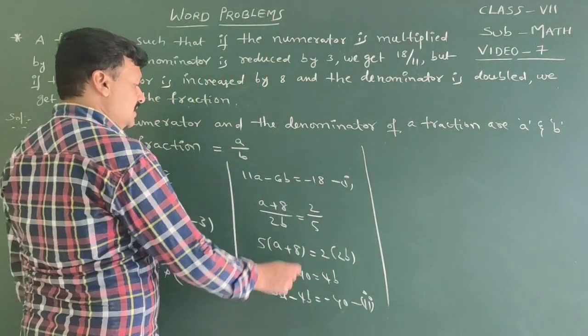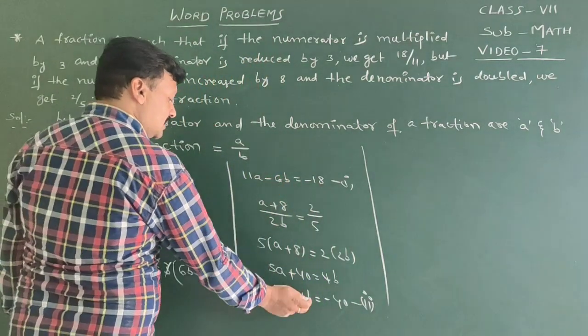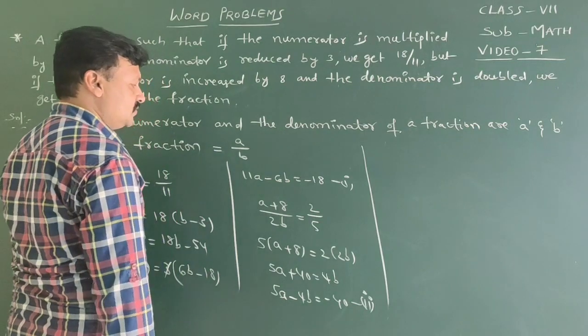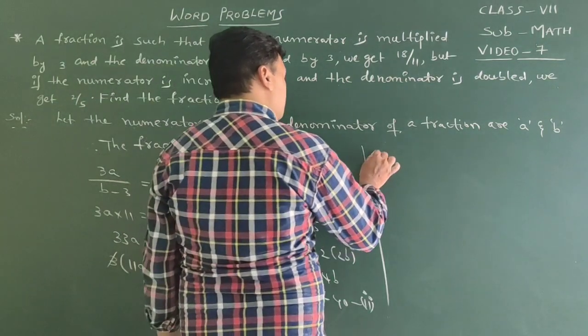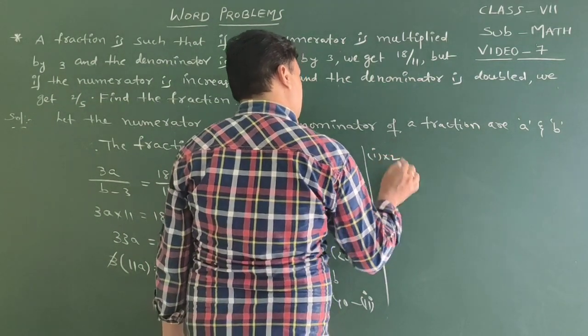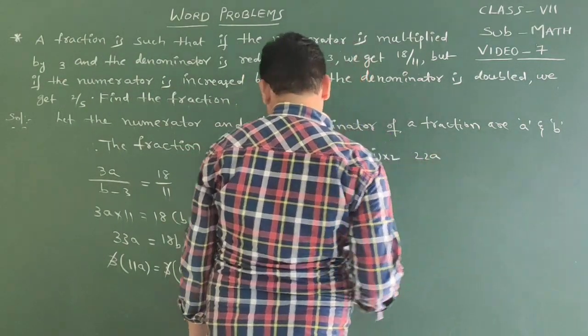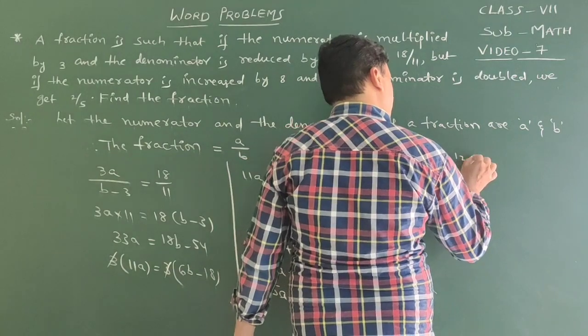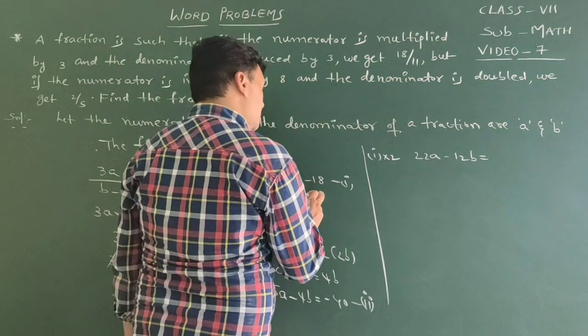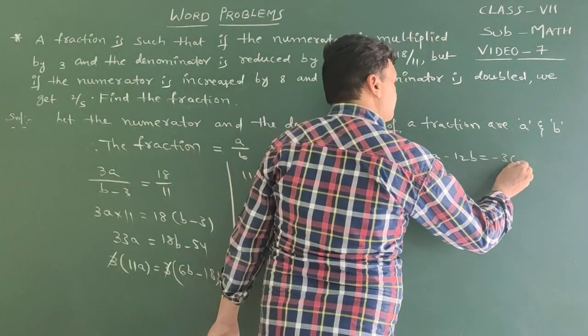Here the LCM of 4 and 6 is 12. That's why the first equation is multiplied by 2, then it becomes 22a minus 12b equal to minus 36.